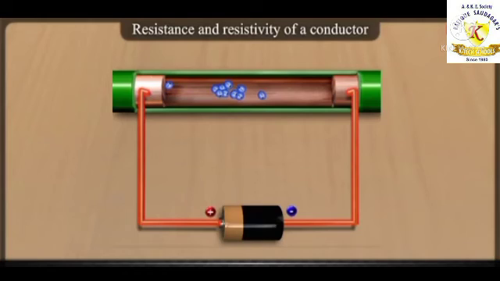In simple words, hindrance means to interfere with another. So, collisions cause hindrance to the flow of electrons and oppose the current. Such interference, this hindrance, is called the resistance of the conductor.